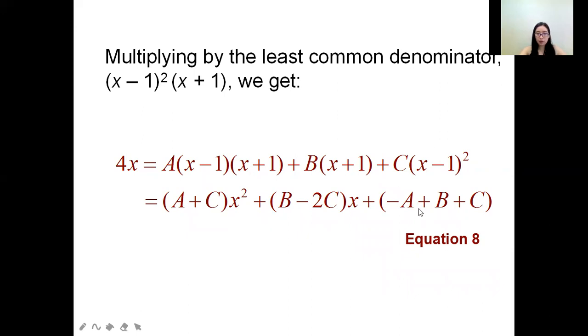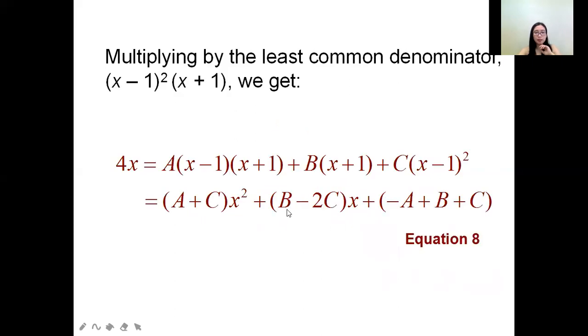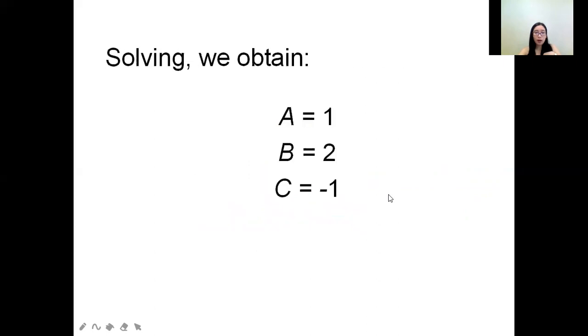Same with negative a plus b plus c, it is also 0 because we have no numerical term on the other side. What remains is b minus 2c times x, which is 4x. So, let us equate the coefficients. So, now we have b minus 2c is equal to 4.